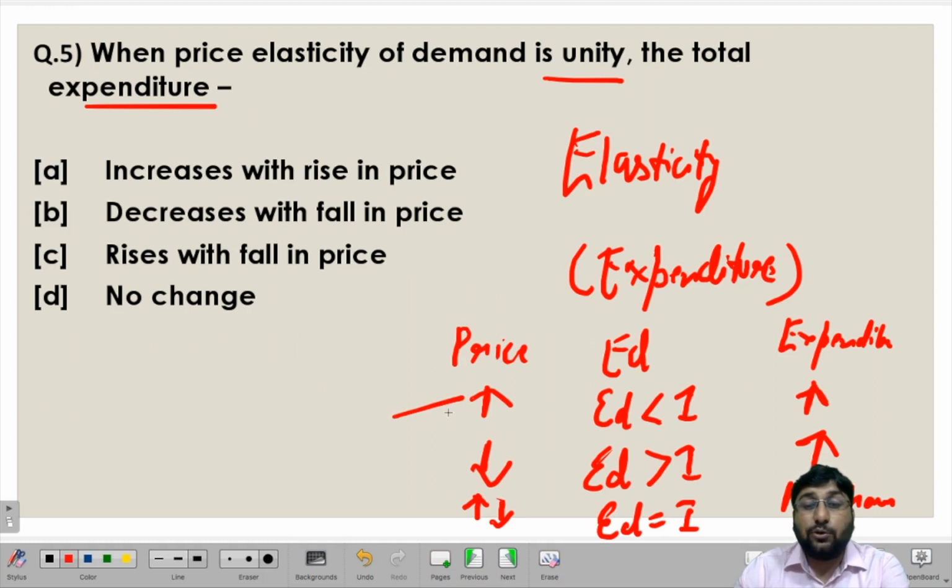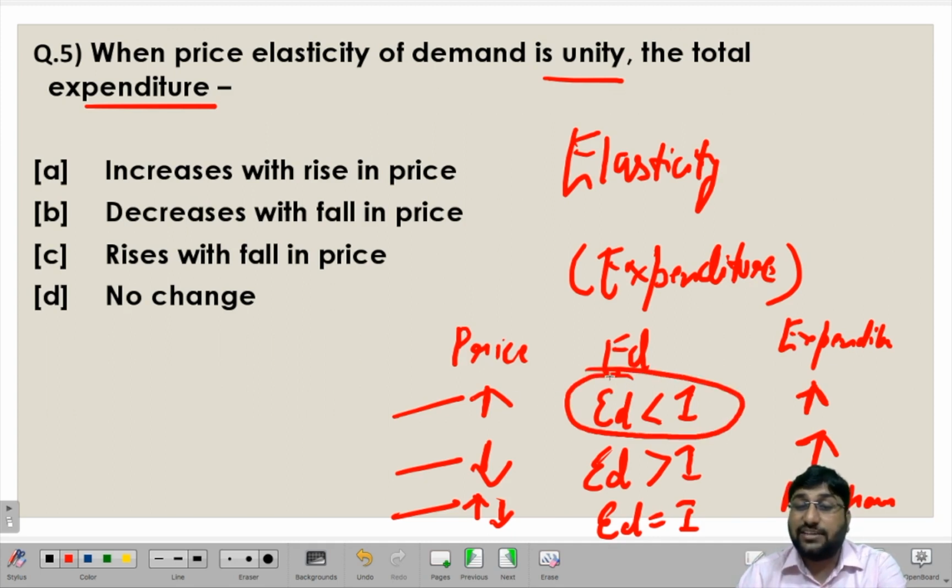If you are able to recall these three elements, it becomes much easier for you to solve any question based on the expenditure method. So I am recalling this concept once again. If the price and the expenditure are moving in the same direction, that is, a rise in price leads to a rise in expenditure, or a fall in price leads to a fall in expenditure, then the elasticity would be less than 1, or less than unity.